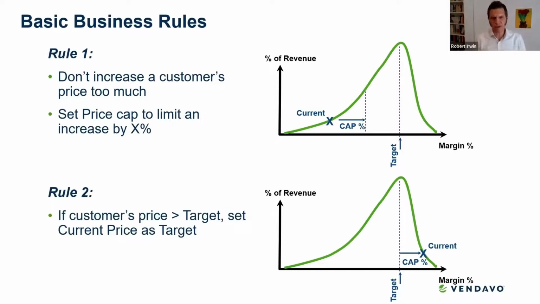So the first business rule is, on top of the recommendations, don't increase a customer's price by too much. So we can set a price change cap that limits the increase that is being shown to the sales team.